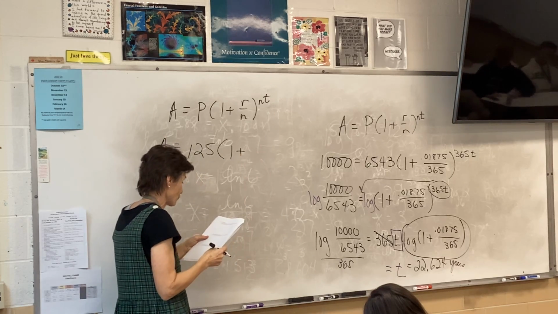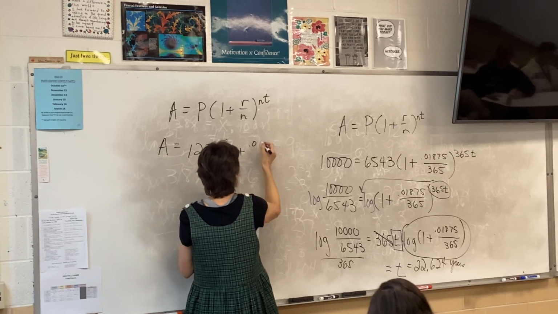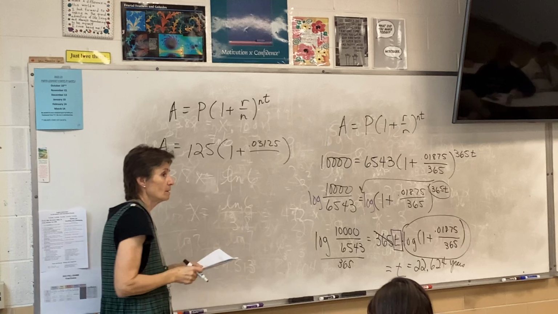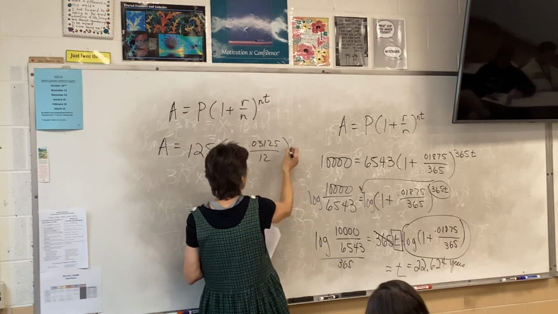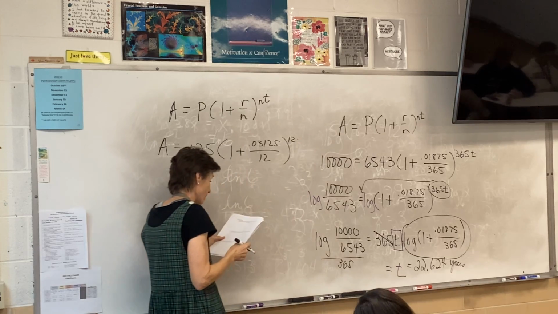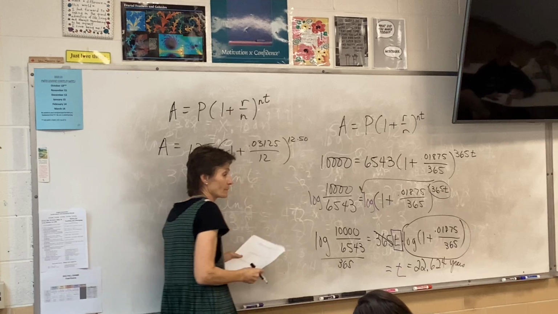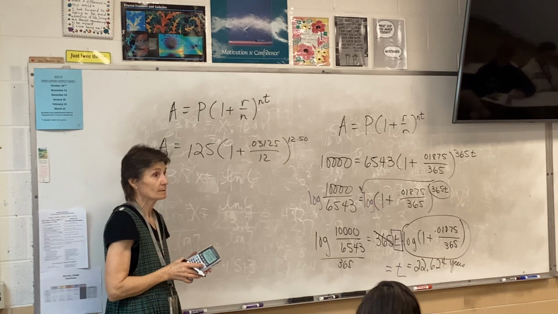What's my interest rate? 0.03125. What's my N? 12 monthly. And the number of years is 50. Now I'm not going to need logarithms.